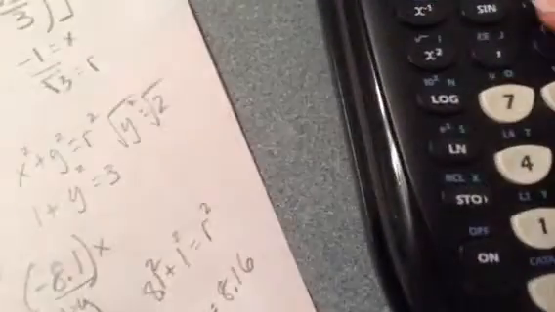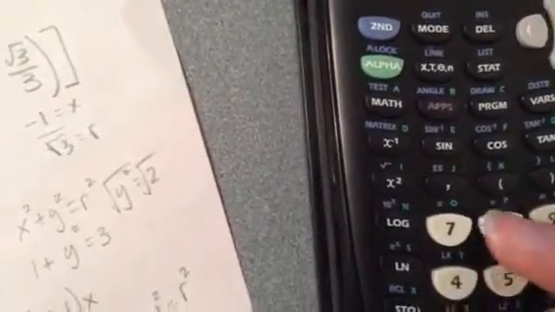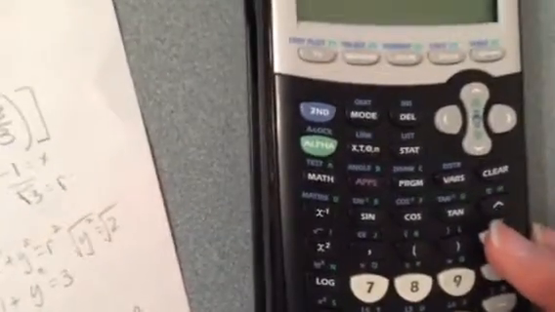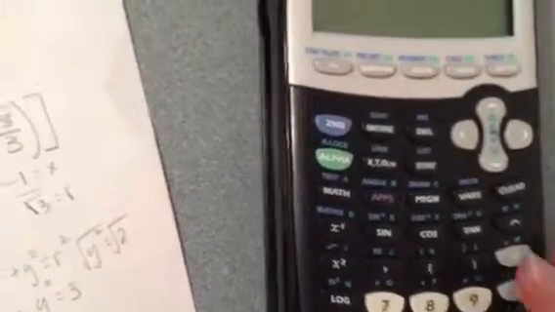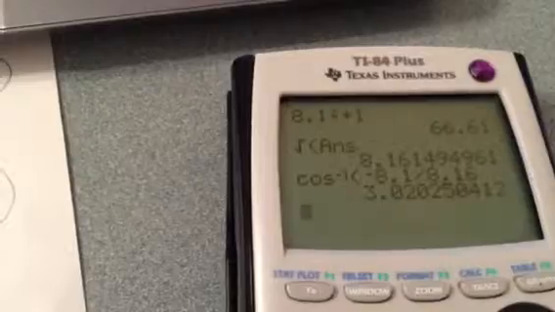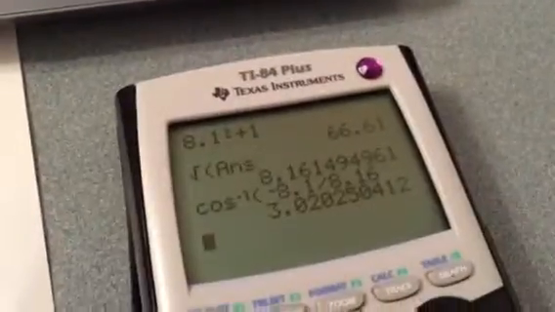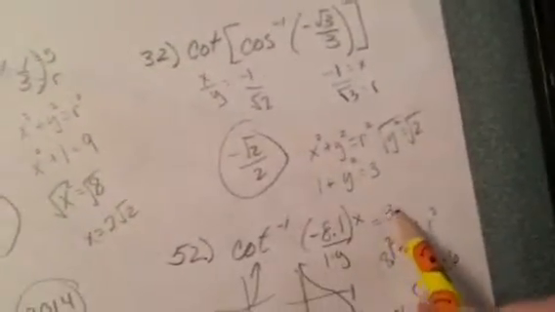And I can push those buttons in my calculator. Inverse cosine of -8.1 over 8.16. And I get 3.02, which is the right answer. That's a lot of work for that one.